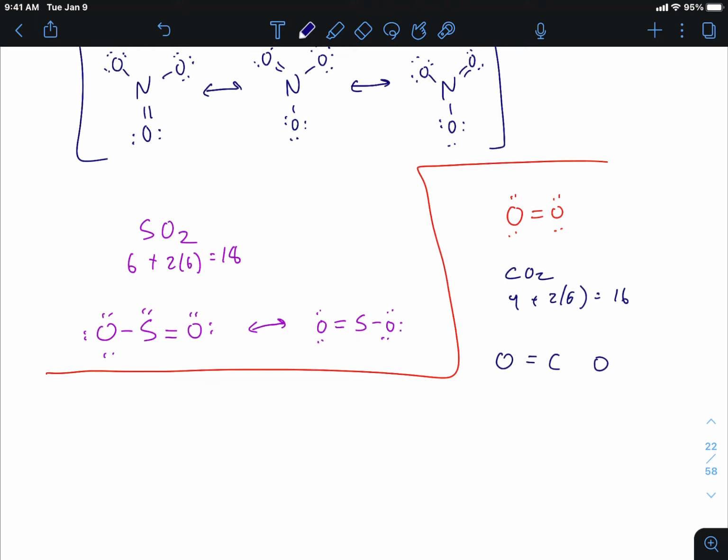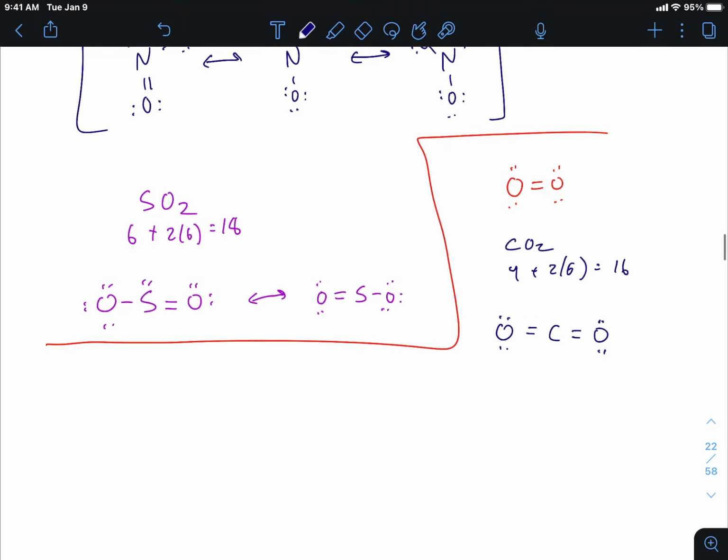As it turns out, this molecule is going to need 2 double bonds. So I have 2 double bonds, and the double bonds are already placed. Is there another place I could put a double bond? No, it's kind of set. It's fixed already. So there's no resonance here either.